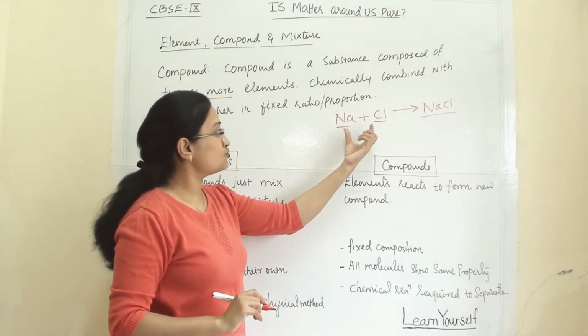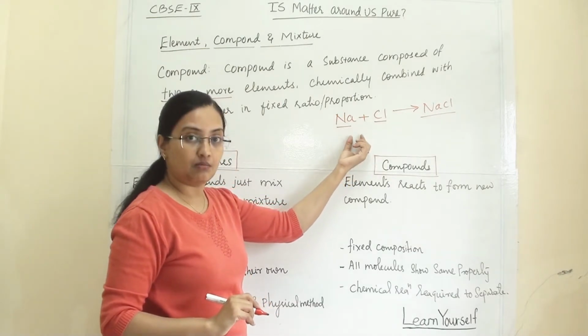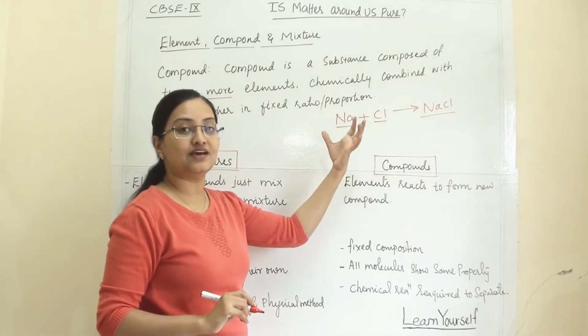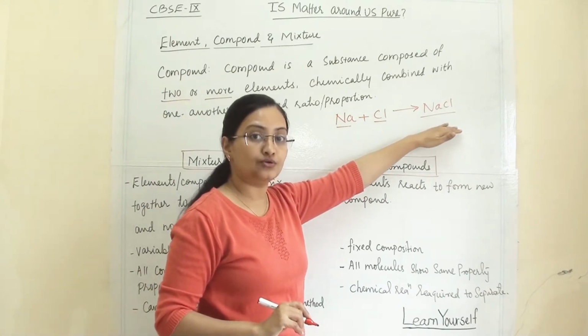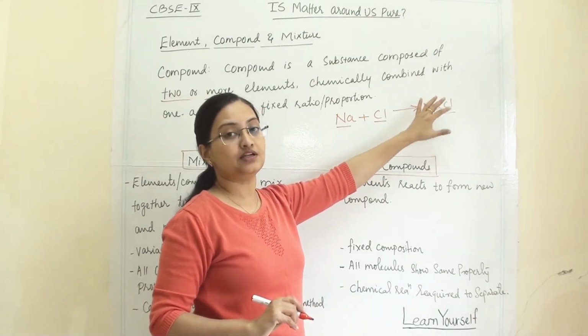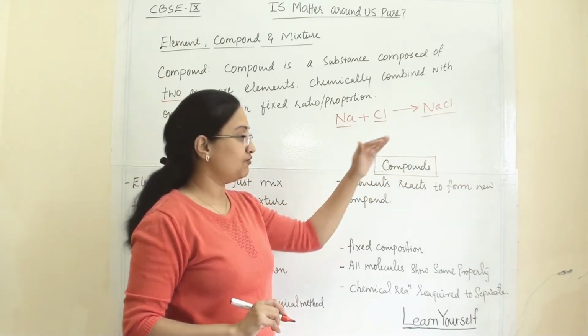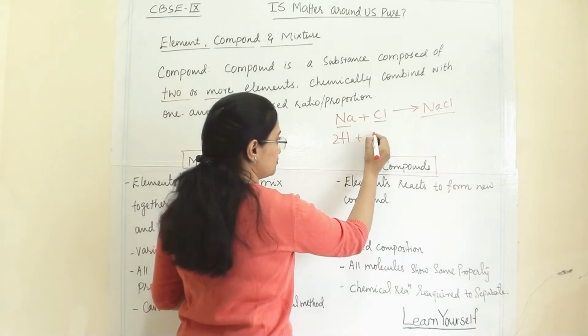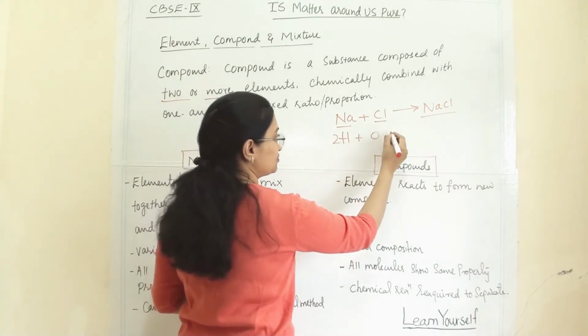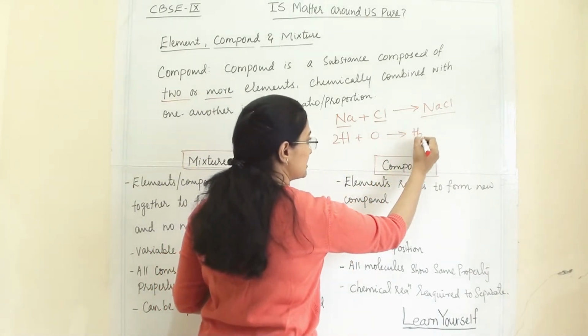Now when these 2 elements chemically combine, they leave behind their original properties and form a new molecule which has a completely new set of properties. For example, hydrogen will react with oxygen and give us H2O.